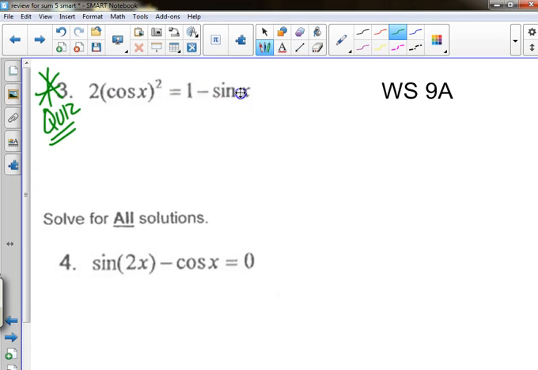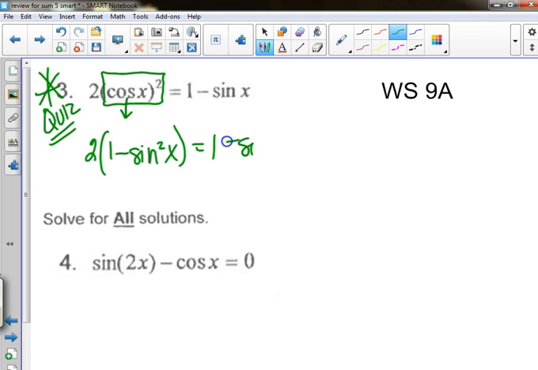So can we replace this side? Doesn't have a squared, right? We're going to have to replace this. The whole idea, written weirdly for us, is cosine squared can be replaced with a what? 1 minus sine squared. Okay, now do some manipulation and see what you get.